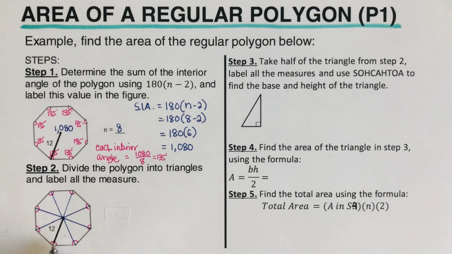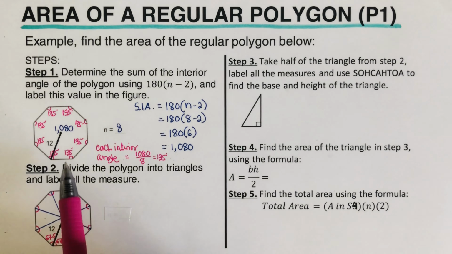The same thing for the rest of the parts. This is 67.5, 67.5, so that the total of these two is 135. Pretty much it's half of 135, that is 67.5.